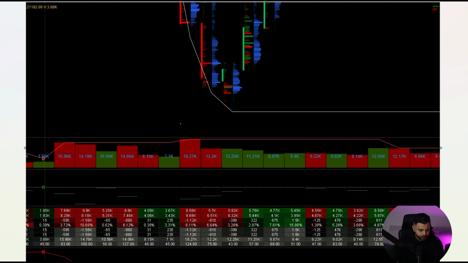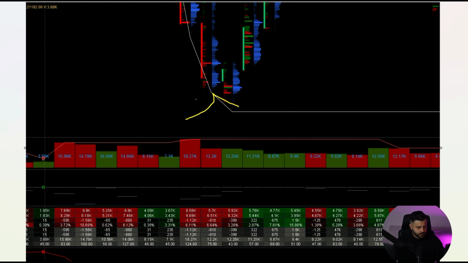And as you can see here, that means even though we've got a lot more shorts than longs, the candle has actually moved to the upside. All right, so this means that we have passive limit buyers. Sorry about that. Okay, so that means we have actual limit buyers sat here absorbing all these shorts.